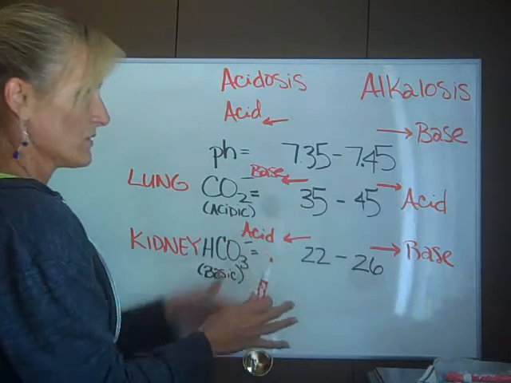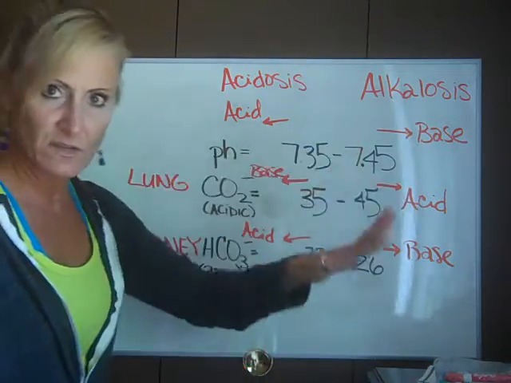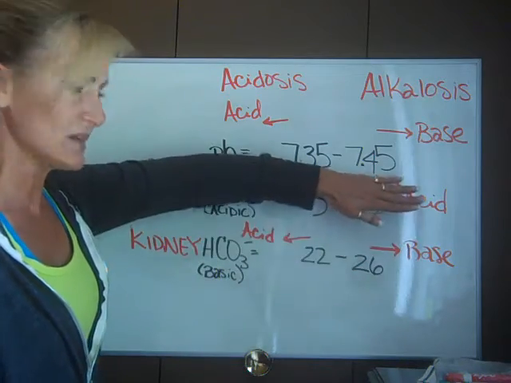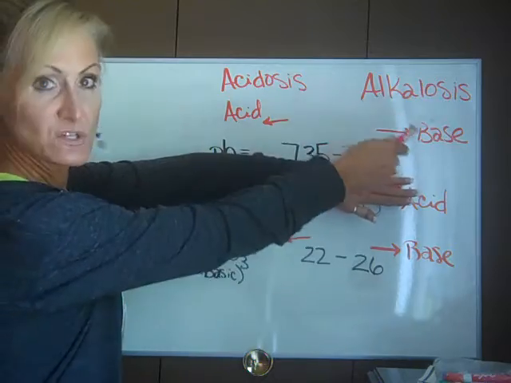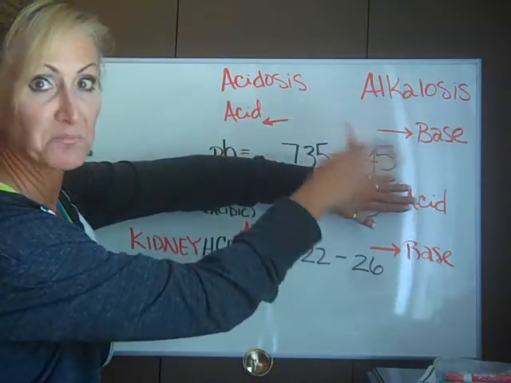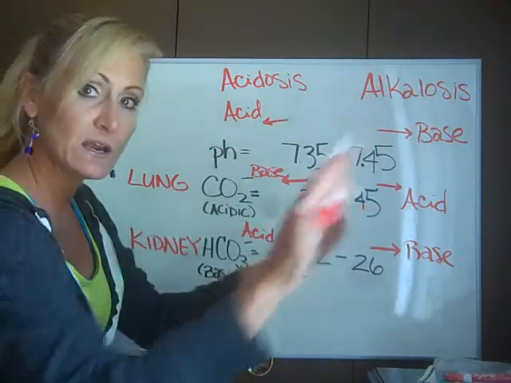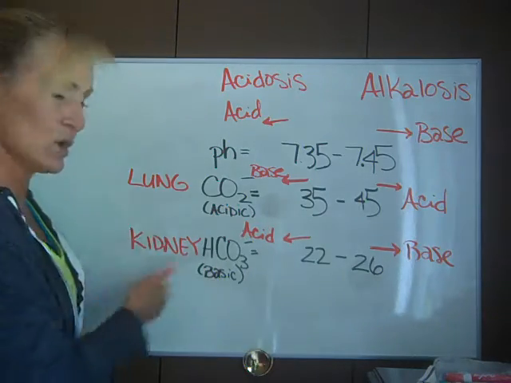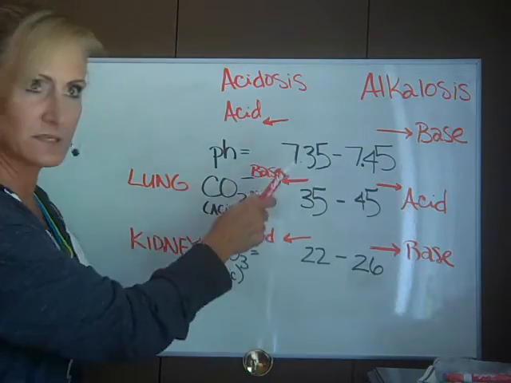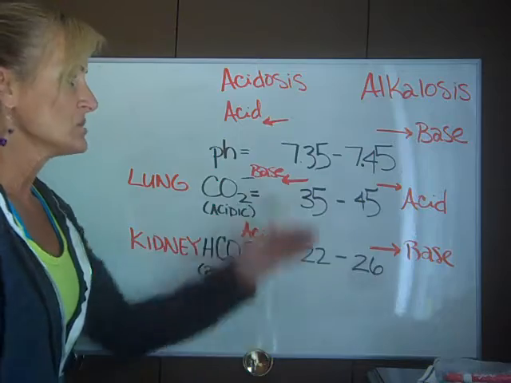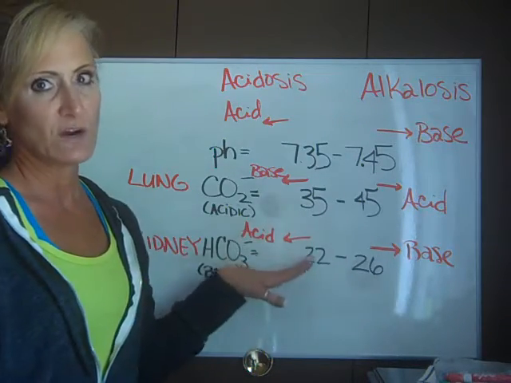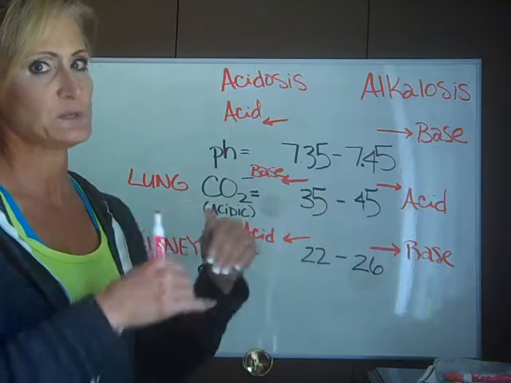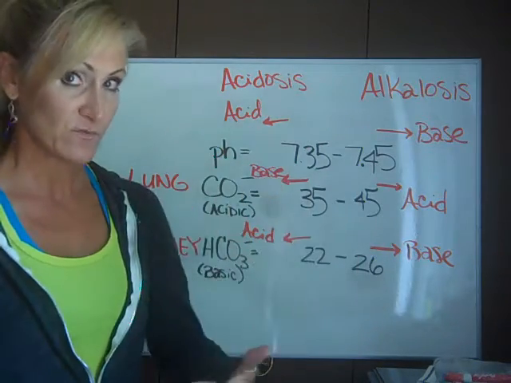Okay, so step one, you're going to get your ABG results back, and you're going to look at the pH value, and you can determine my patient's either acidotic or alkalotic. Boom, easy peasy. Here comes the tricky part, figuring out which system is causing my problem. So then you have to go down and figure out which one is more out of whack.